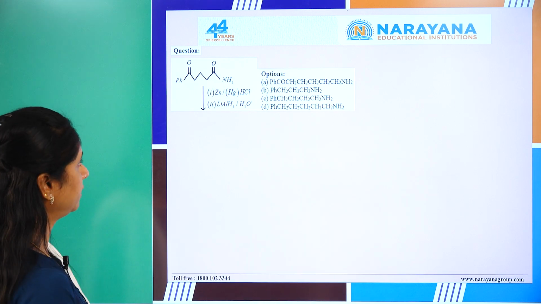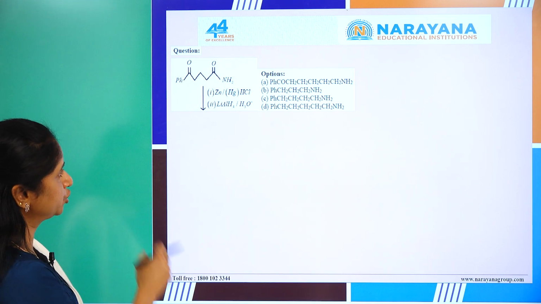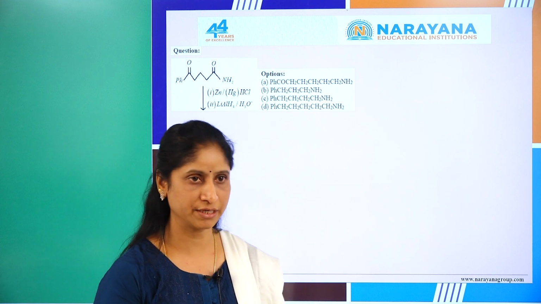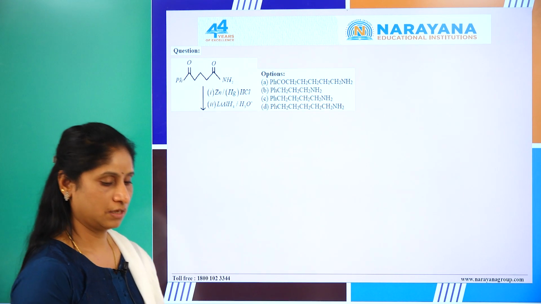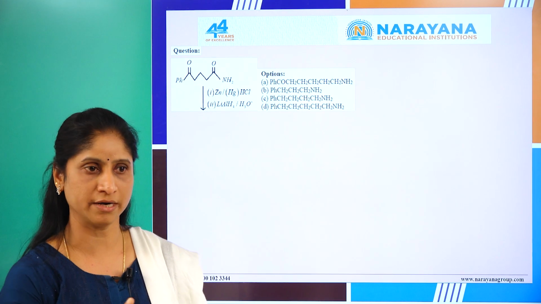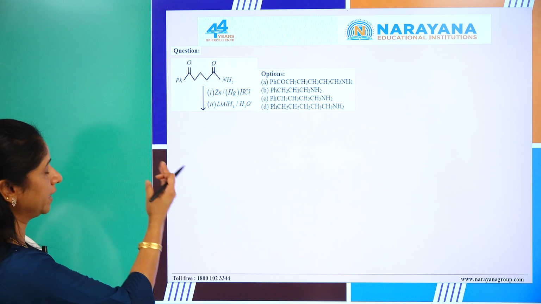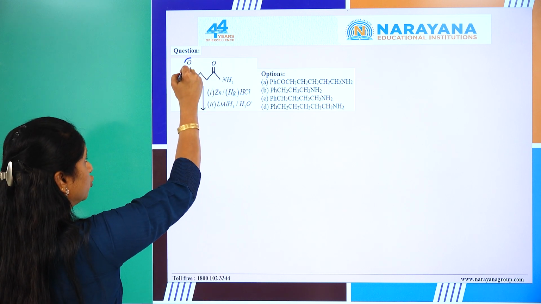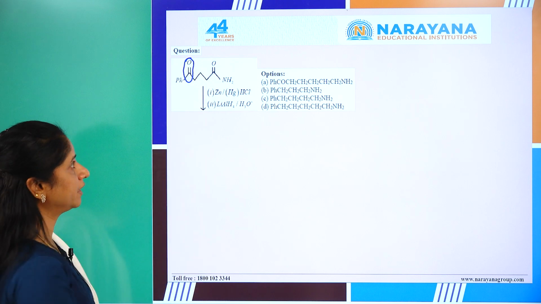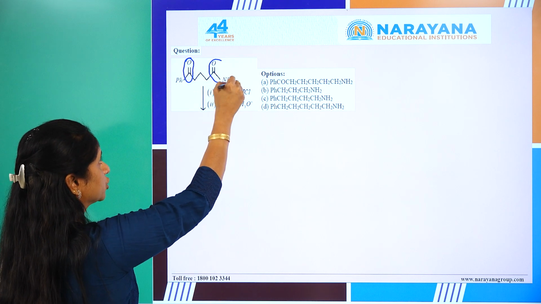You are given, observe, two steps: zinc amalgam with HCl, Clemmensen reduction, which we just discussed, and lithium aluminum hydride. Lithium aluminum hydride and sodium borohydride are the two most important reducing agents to be followed here. You have two functional groups here, a keto and an amide functional group.